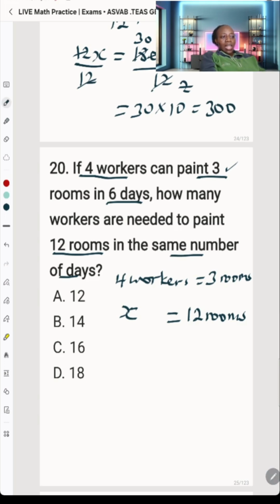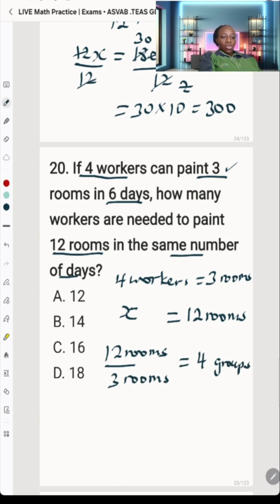Then let's share these 12 rooms. We want to group it in 3s. How many groups of 3 can we have in this? That's going to be 4 groups. Do we get that?